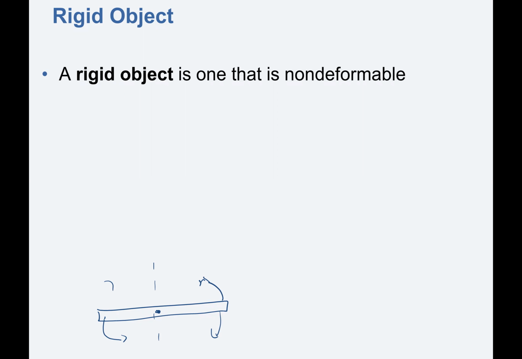Or I can have a rotation with respect to, for example, the center, or with respect to one of the ends, right? So maybe now this end is fixed, and instead of rotating with respect to the center, I can have it rotate with respect to one of the ends. Or maybe it's a disc.